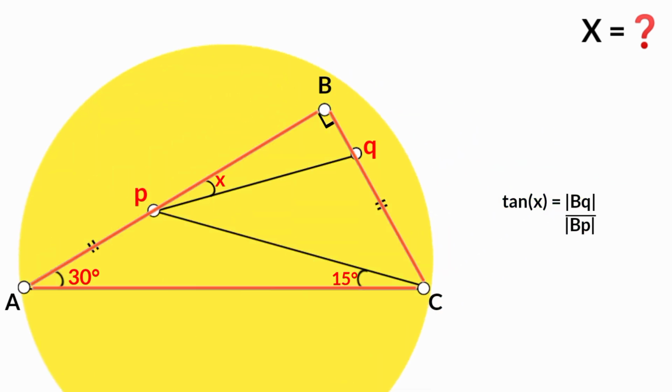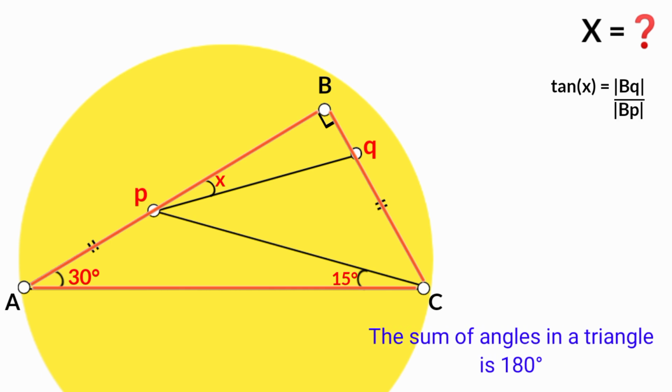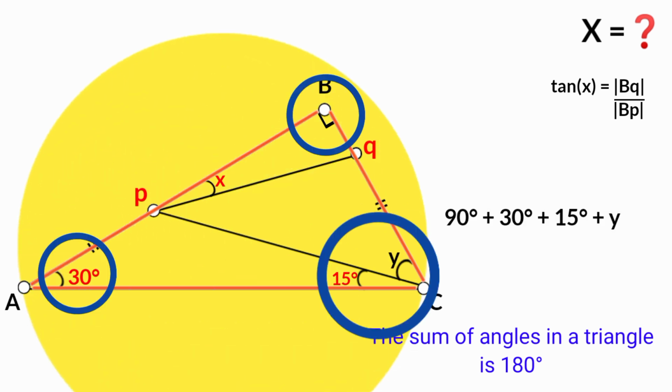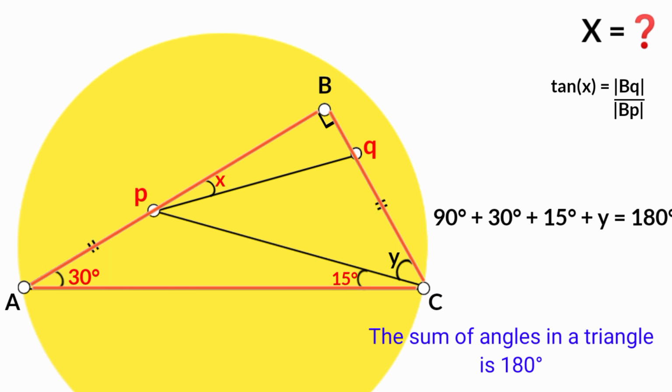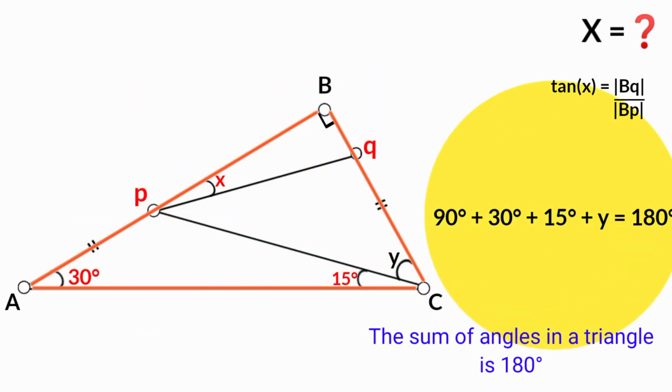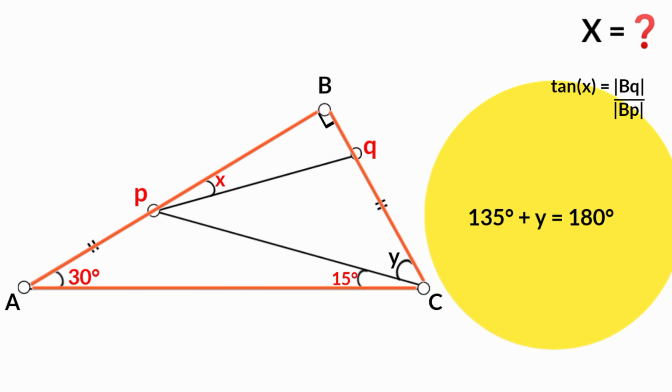Now from this triangle ABC, we know that the summation of angles in a triangle is 180 degrees. If we assume the size of this angle as y, sum of the angles of triangle ABC can equate to 180 degrees. Now 90 degrees plus 30 degrees plus 15 degrees plus y equal to 180 degrees. 90 plus 30 plus 15 is 135.